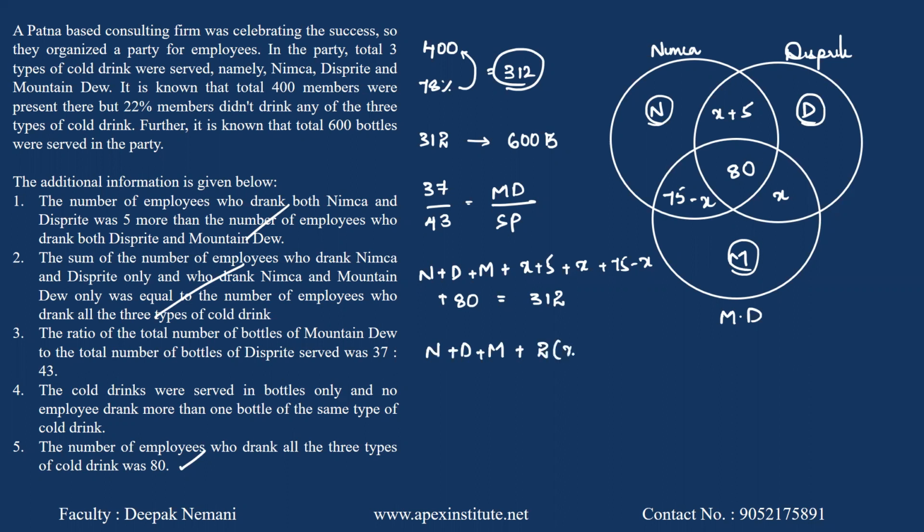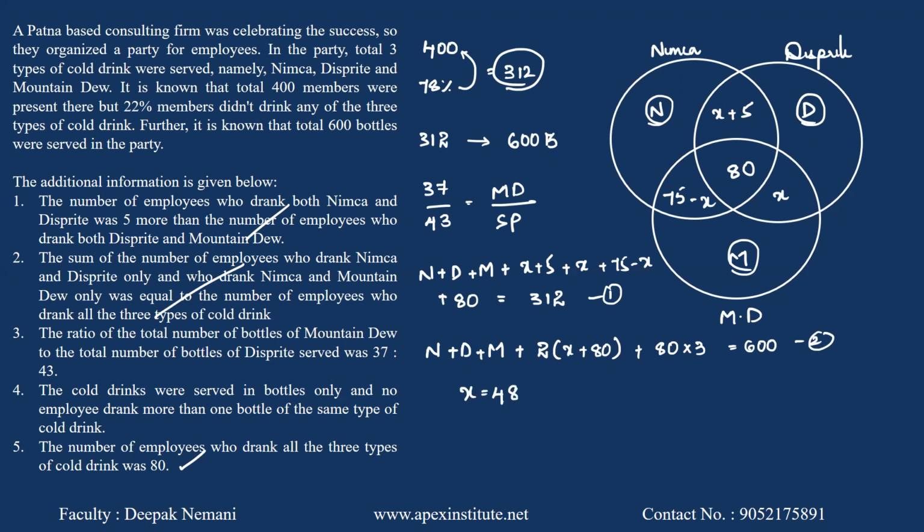So X plus 80 persons had two drinks, plus 80 had all the three. So this is equal to 600. Now if you subtract equation 1 from equation 2, you will have the value of X. So the value of X would be 48.